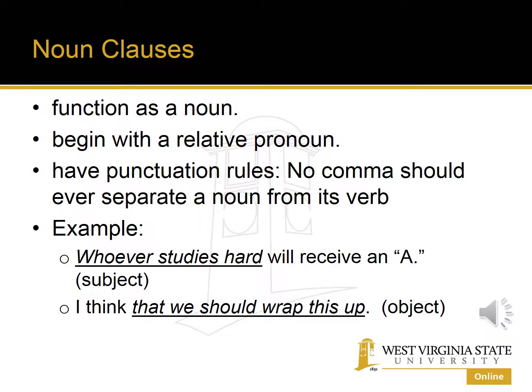The third way that a dependent clause can function in a sentence is as a noun. When a dependent clause is functioning as a noun, it always begins with a relative pronoun. So in other words, only relative pronoun clauses can function as nouns.